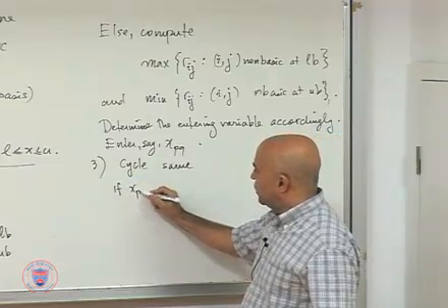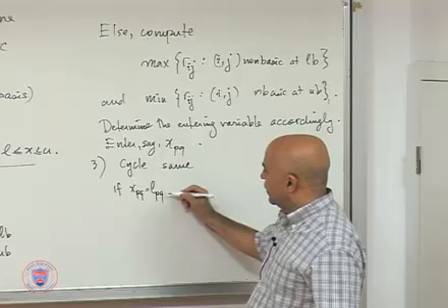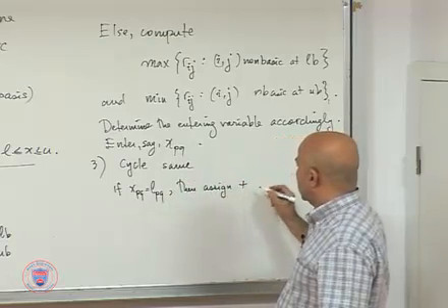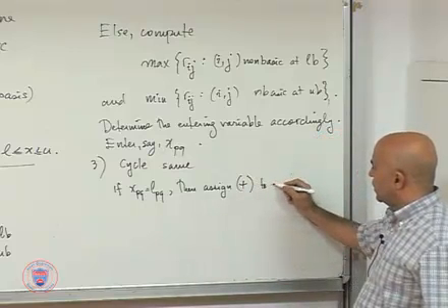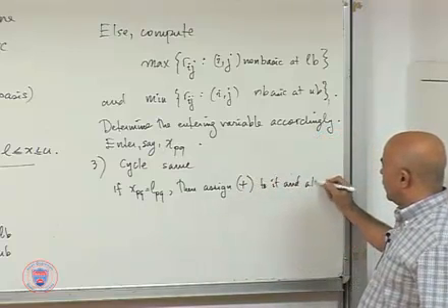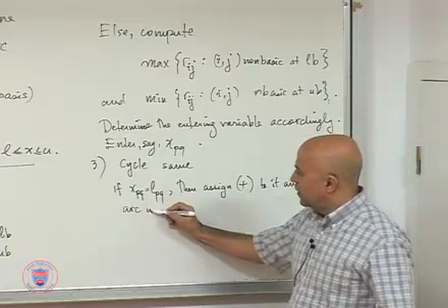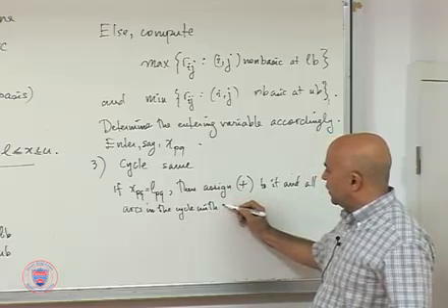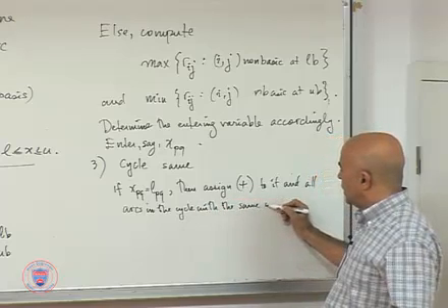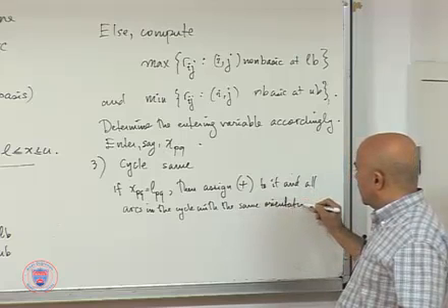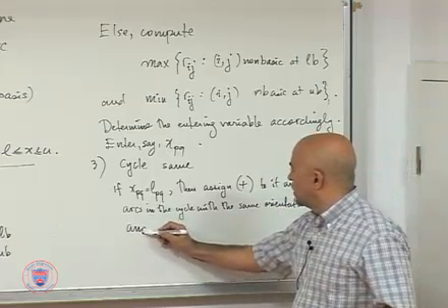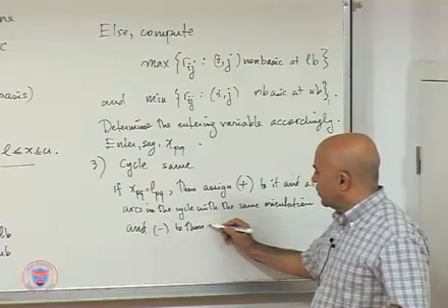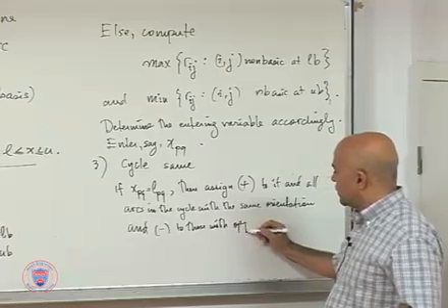If XPQ is at the lower bound, then assign plus label to it, and all arcs in the cycle with the same orientation. And minus label to those with opposite orientation.